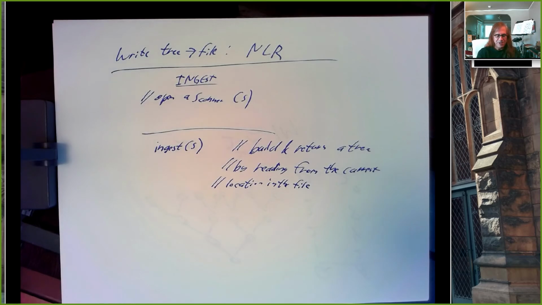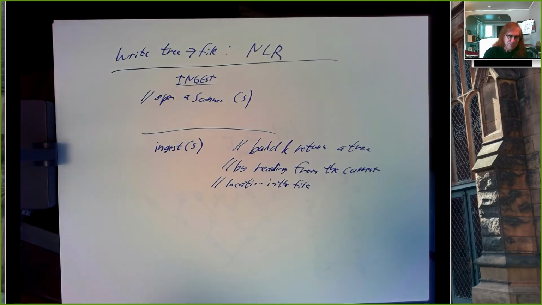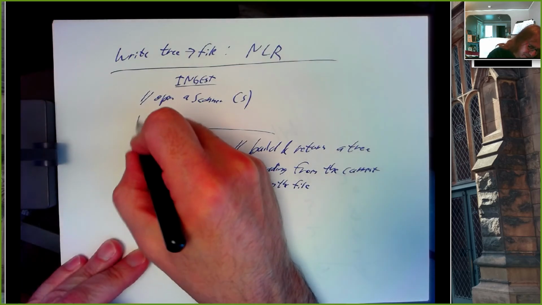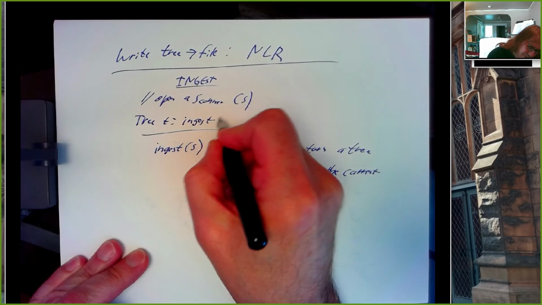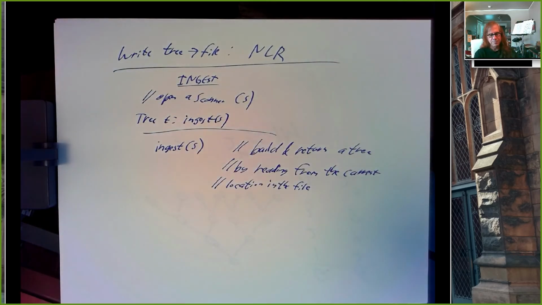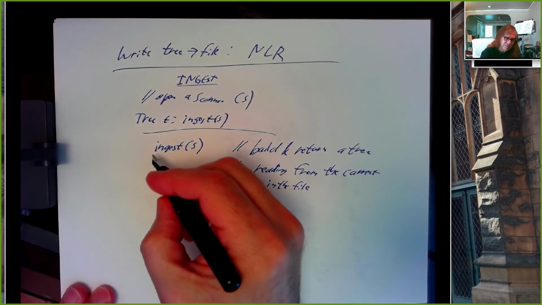So we're going to open up the file once before we call ingest. We're going to open the scanner, and then we're going to say something like, tree t equals ingest, or something like that. All right, so what does this ingest method do?